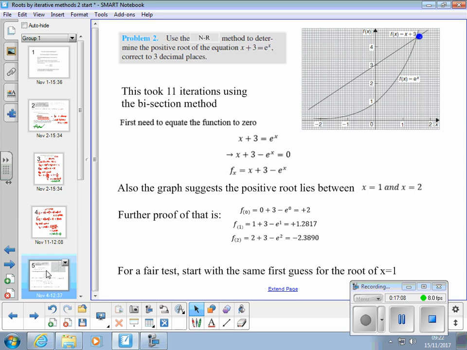In this case, we can probably do it from the graph, between 1 and 2. But we can confirm that by looking at the values: at x equal to 1 the result is still positive, but when x is equal to 2, the result goes negative. Cross that x-axis, therefore we must have a root in between.